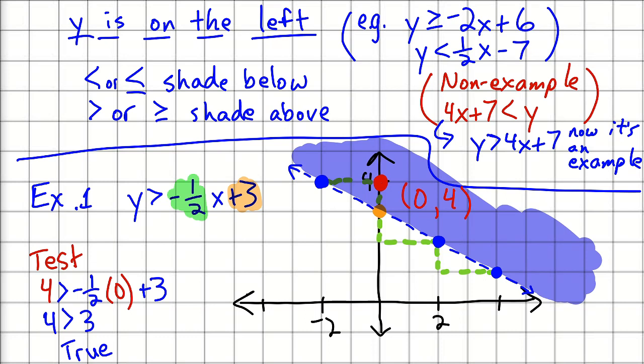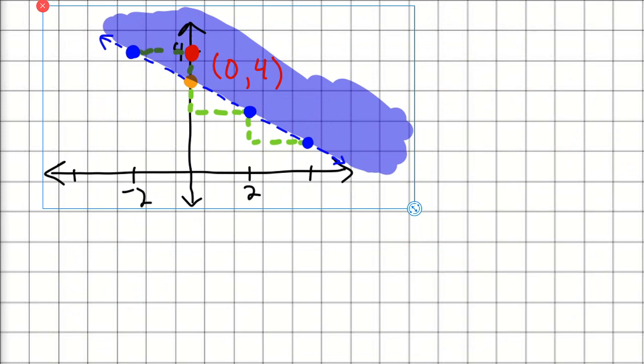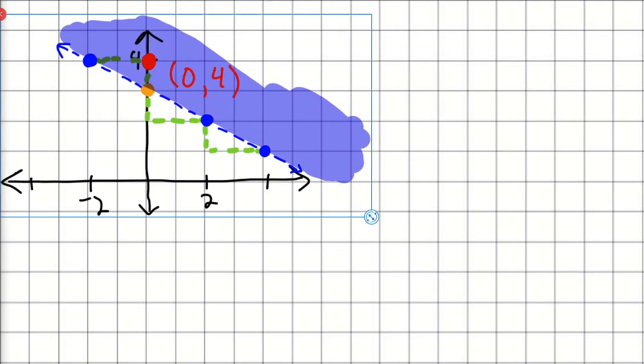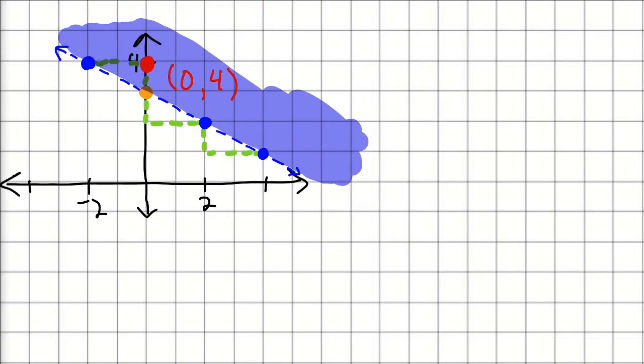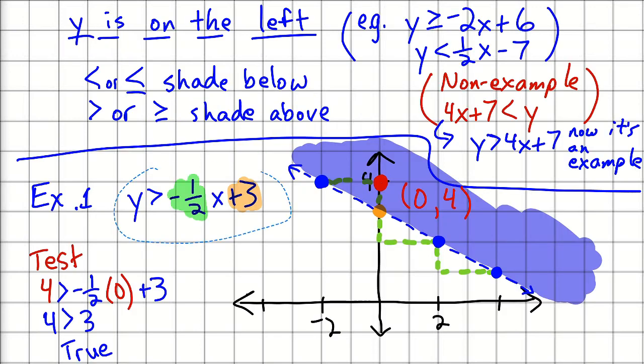Let me do it right now. I'm going to copy all this and bring it over here. Now I'm going to choose a different point. How about (0, 0)? That's a nice, easy one to plug in. I should have also brought over this.